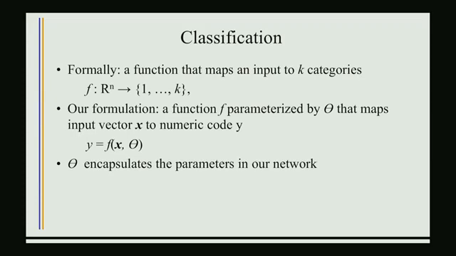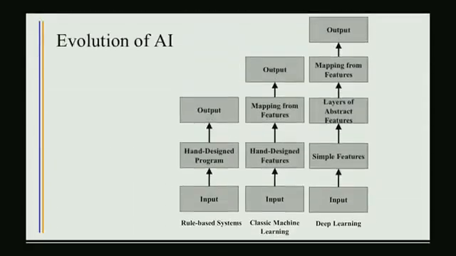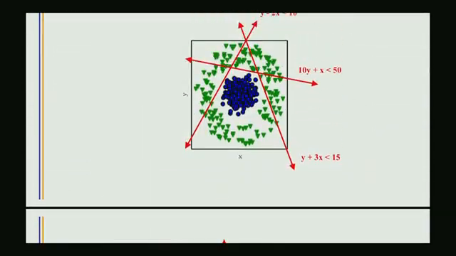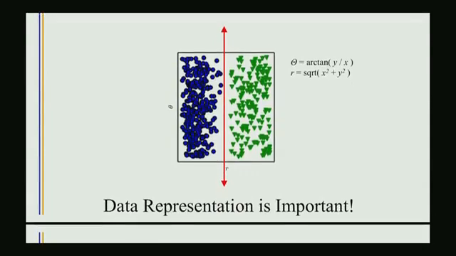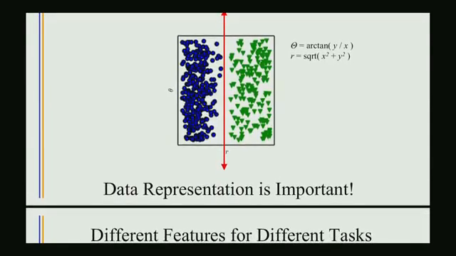Well, no, because I'll give you a very simple example. Trying to identify blue versus green here with lines, with enough lines, I can approximate it. Maybe I'll get it wrong at the edges. But if I could shift to this representation, it'll be much easier.